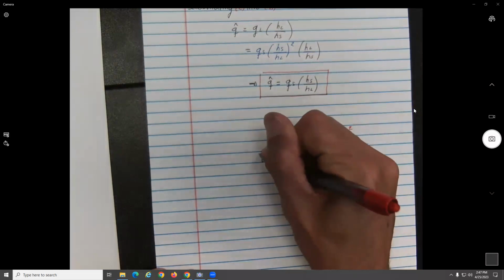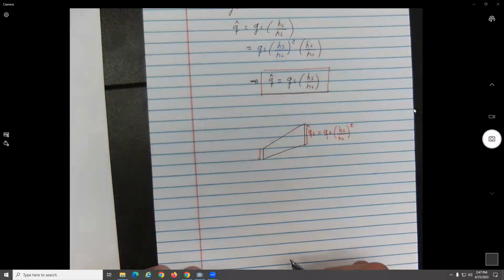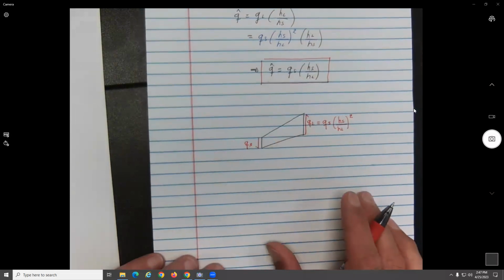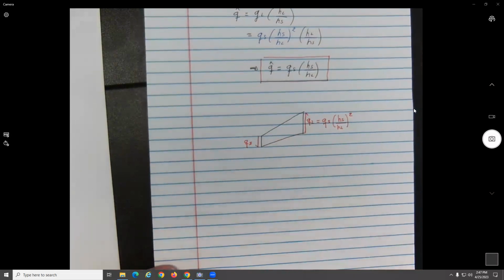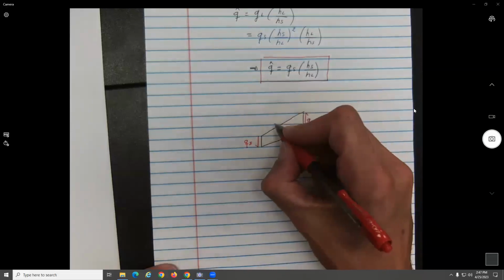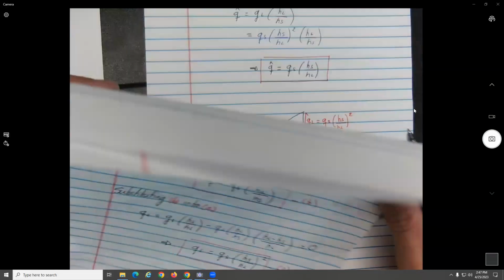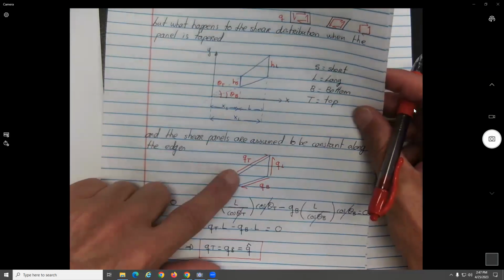Going up. Now, if you want to call this one Q short, everything will be in function of Q short. Then what do we have over here? Q top, that one over here.